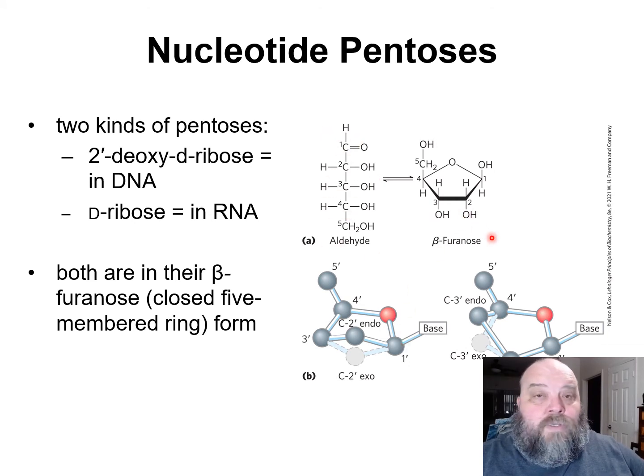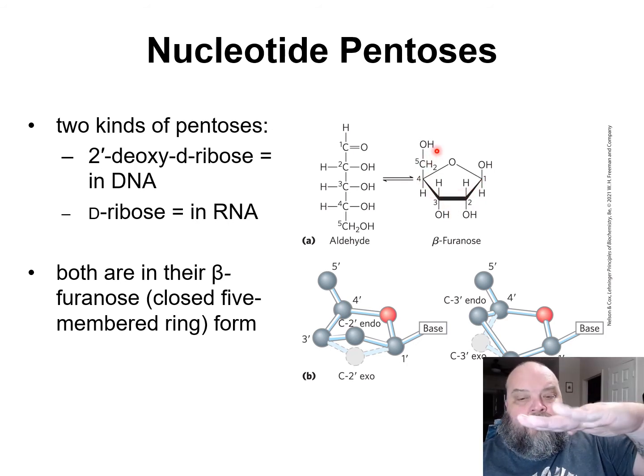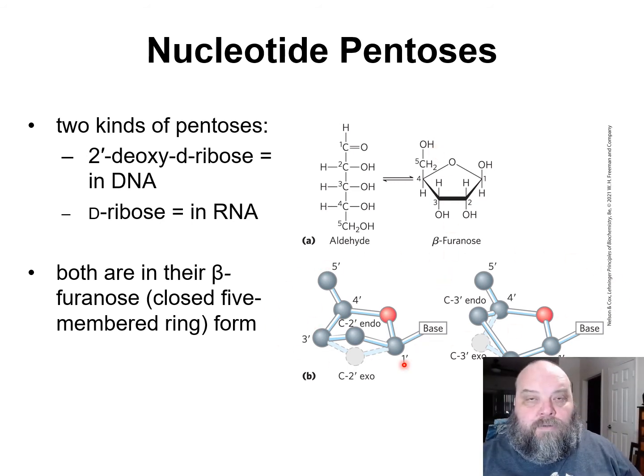But as we saw with the glucoses, it's not a flat structure. The artists tried to mimic this by showing the wedge, thick line, that this edge of the sugar has a little bit of a tilt up.